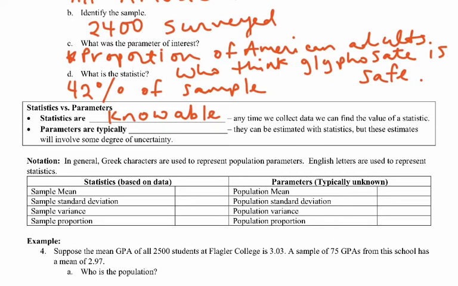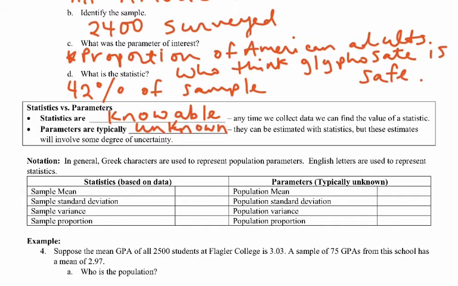That's not something we're estimating. However, parameters are typically unknown. We don't generally know what the proportion of Americans who think this chemical is safe is. We have to estimate it using statistics.